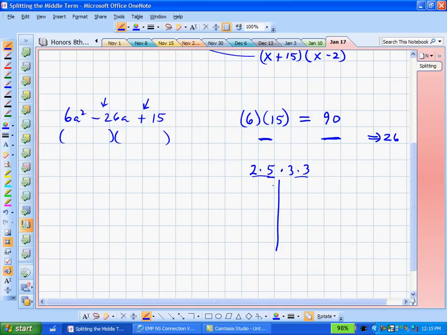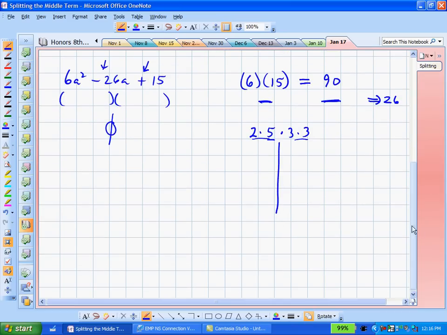Anyone see something that's going to add to 26? We're stuck, huh? So this one looks like we're not going to get it. Non-factorable. Well, wouldn't you know it? You gave me something that's non-factorable. That's why I gave it to you. It's hard. So let's try another one.